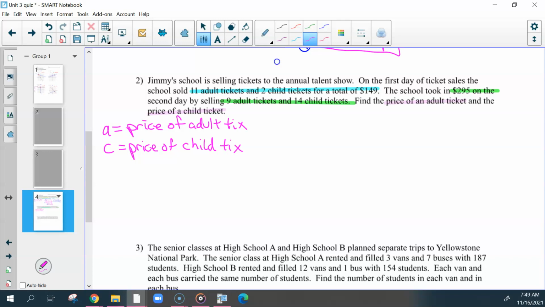And then our two equations, we know our totals, 149 and 295. And we know for that first total, they sold 11 adult and 2 child, so we have to take those into account with the price. So 11 times the price plus 2 times the price would give us 149.